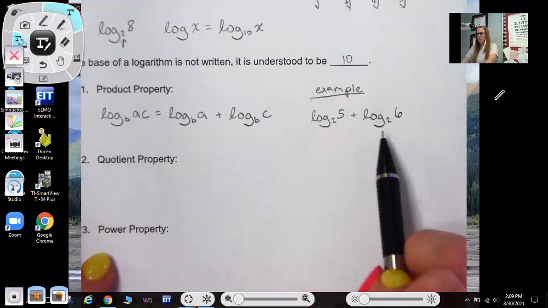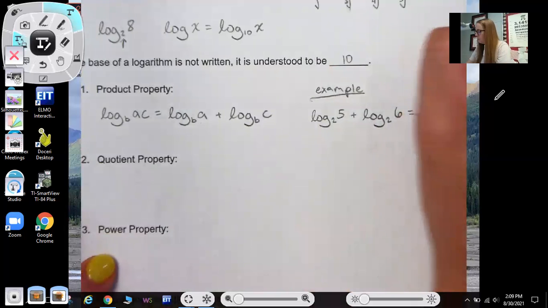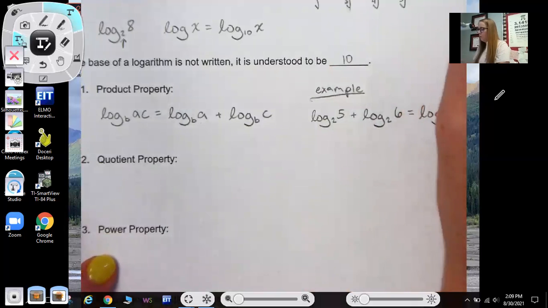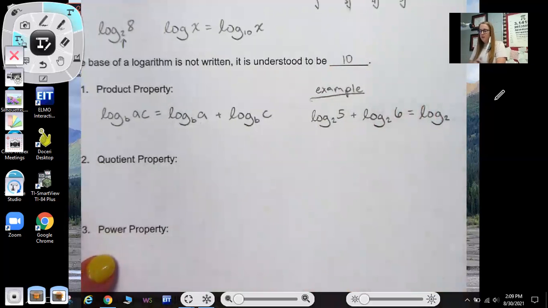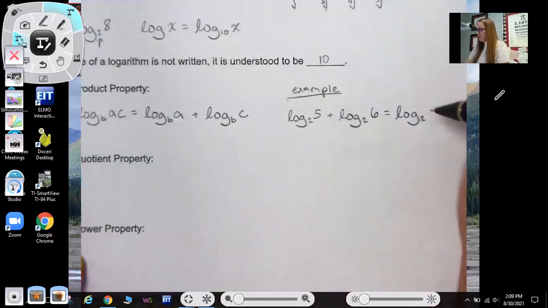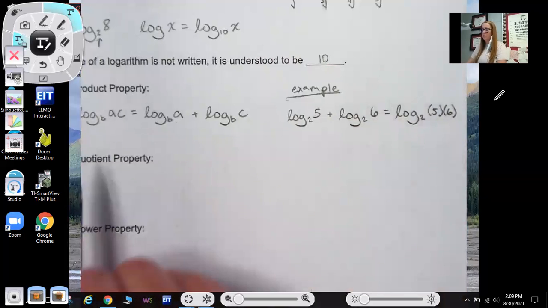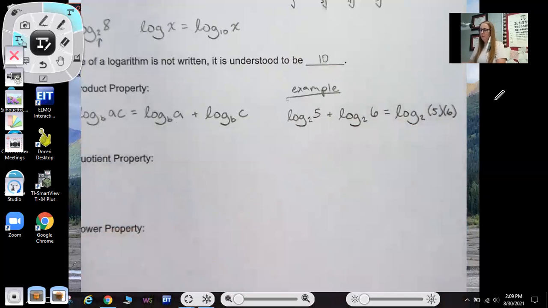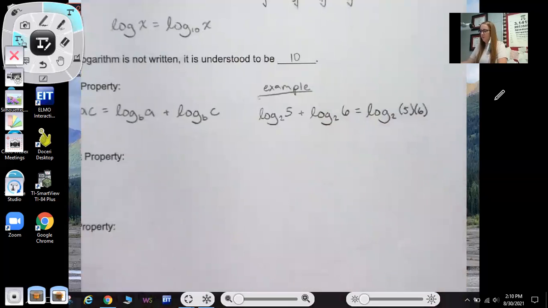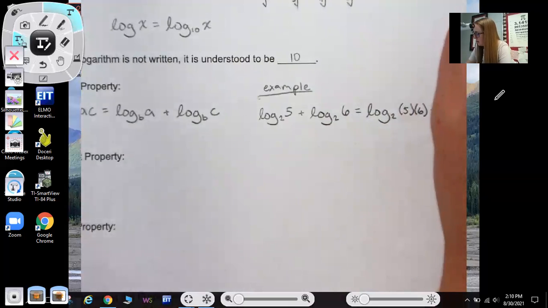If we have 2 logarithms that are being added together, as long as they have the same base, we can rewrite that as 1 logarithm with the same base, and we're going to multiply 5 times 6. So it kind of works backwards from what we listed when we did the property, but this is how we'll be using it, to combine 2 logarithms that are being added together into 1. If you wanted to go the next step, you could say that's log base 2 of 30.